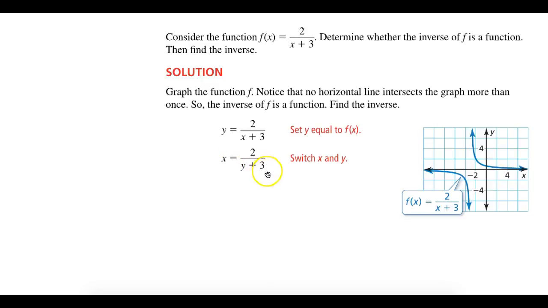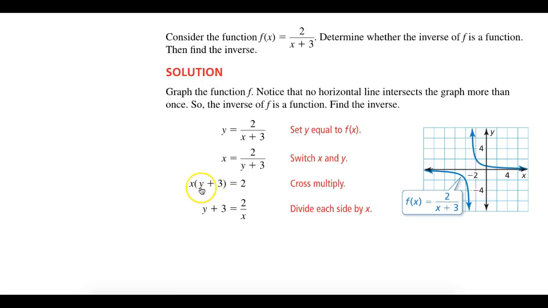So here, in order to solve this one, what we would do is cross multiply. So multiply both sides by y plus 3. On our left side, our denominator is just 1, with x over 1. So we multiply 1 by 2. We're not going to end up with any change on the right hand side. So we have x times y plus 3.